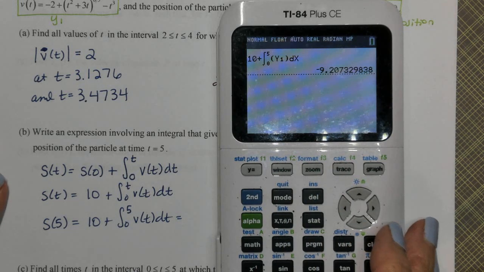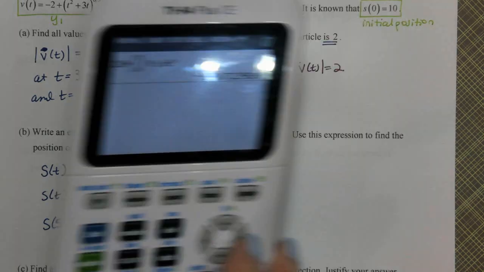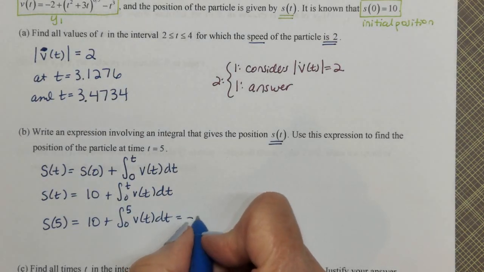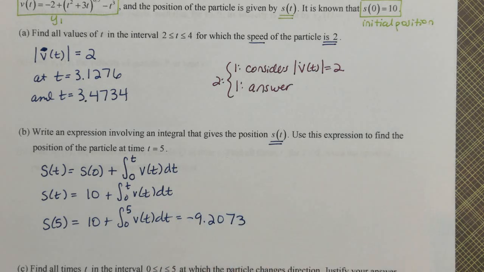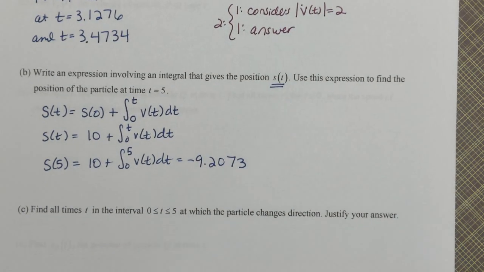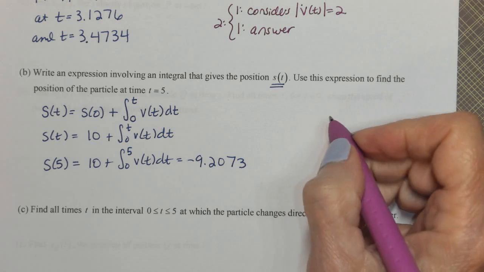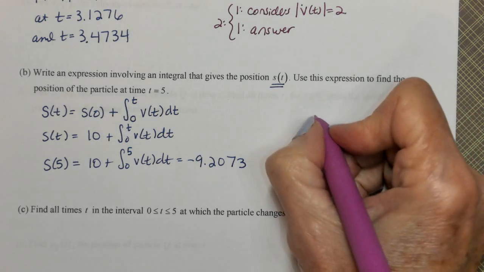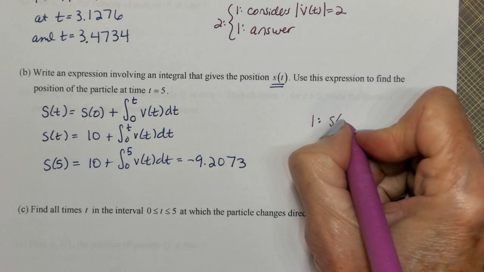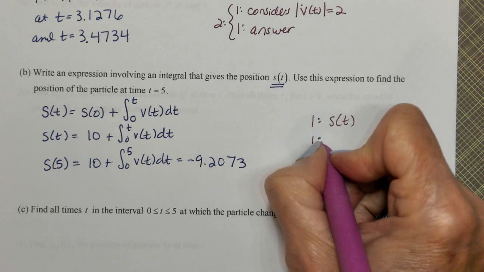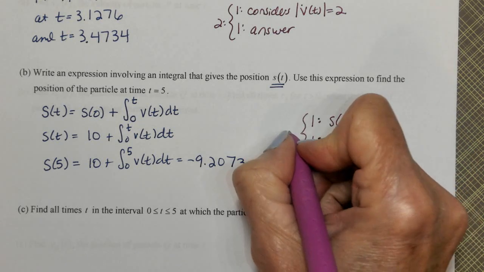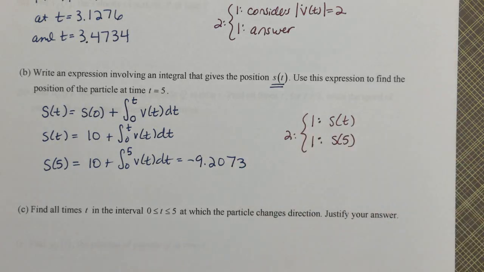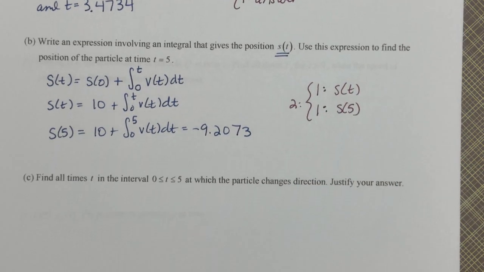So negative 9.207, at least 3 values after the decimal point. This was worth 2 points, 1 point for our expression for s of t, 1 point for our answer to s of 5.